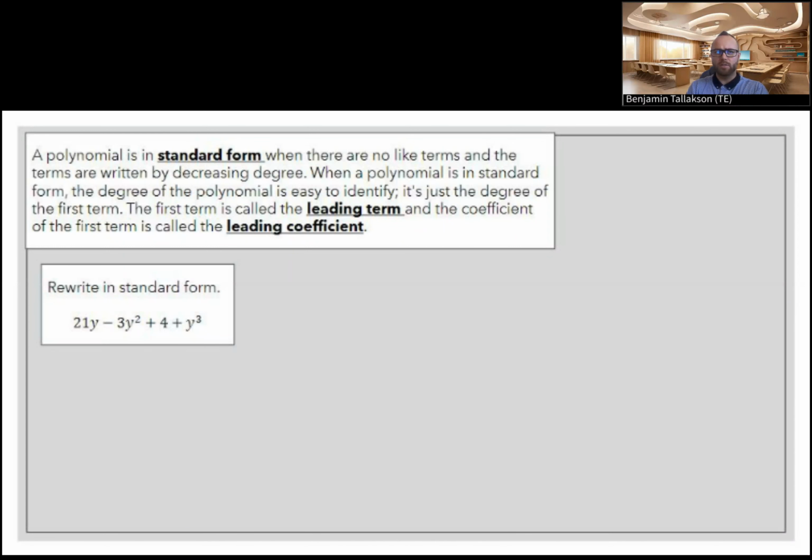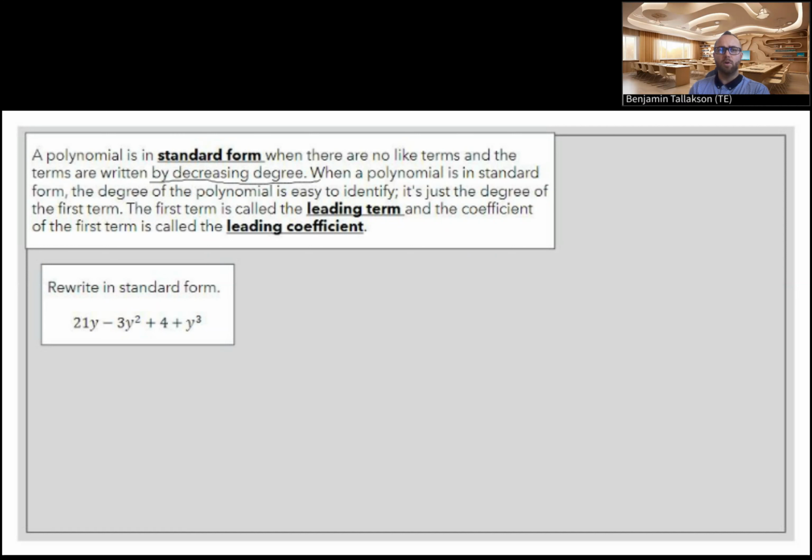But now we're looking at standard forms of polynomials. And here's how we do it. You need to first make sure there are no like terms. What does that mean? Well, it means if you had like terms, you combine them. But you don't have like terms anymore. And you want to write this by decreasing degree.